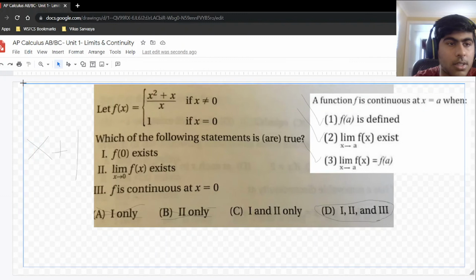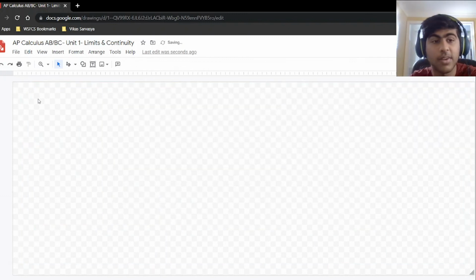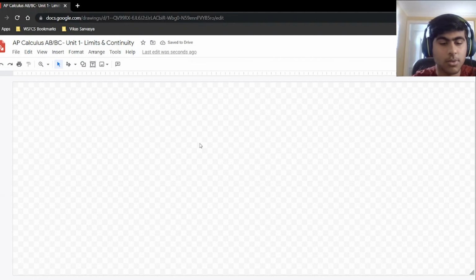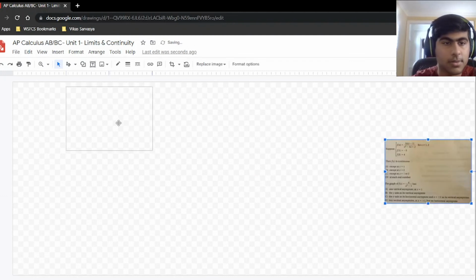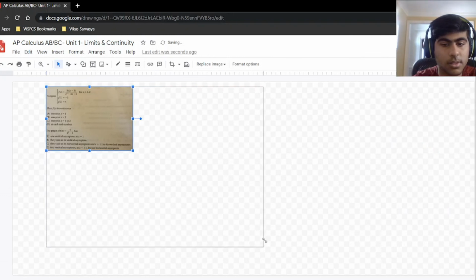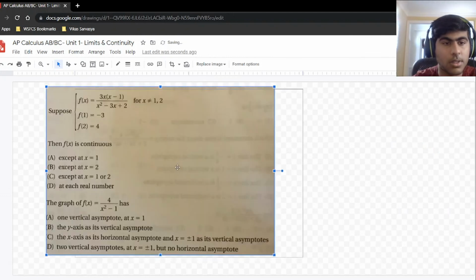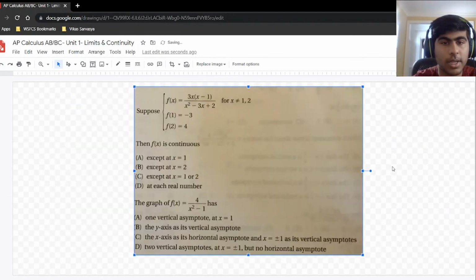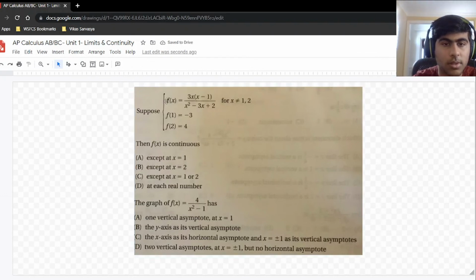And now, let's see if we have any more problem sets. We have these couple more questions. We have this function up here, suppose that it's a piecewise function.